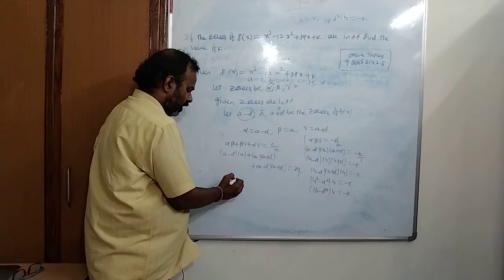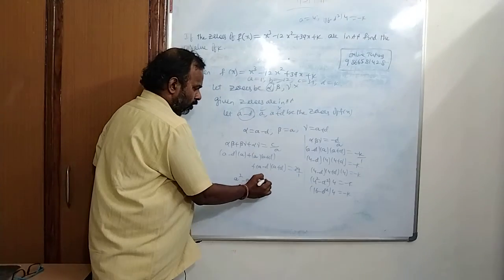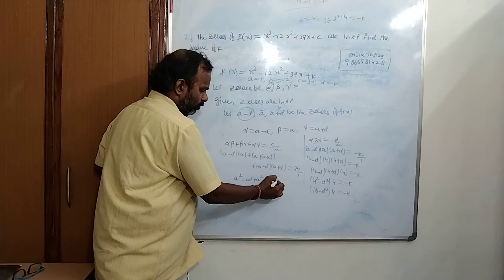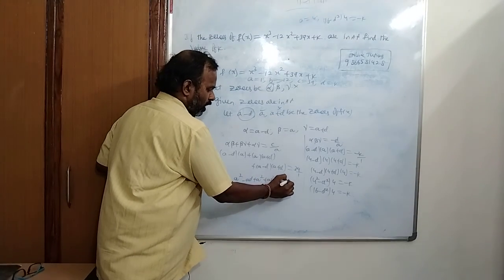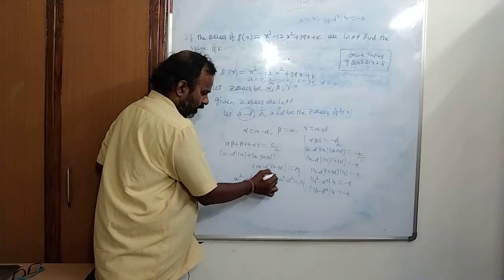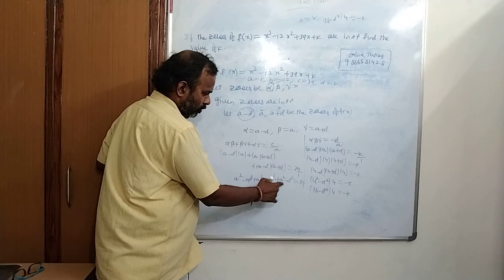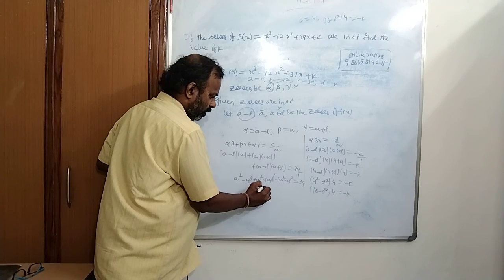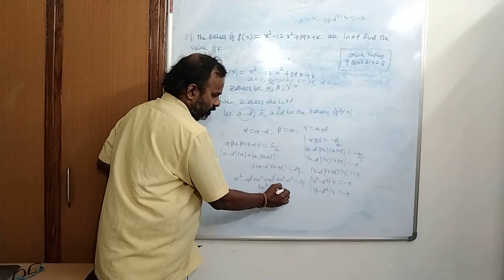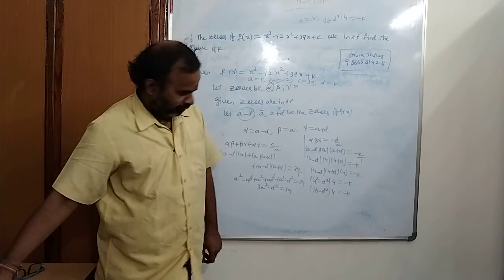So here it is a square minus ad plus a square plus ad plus a square minus d square. So here ad and ad will get cancelled. So a square plus a square plus a square, 3a square minus d square is equals to 39.